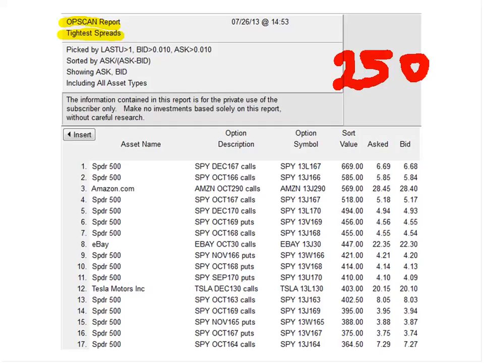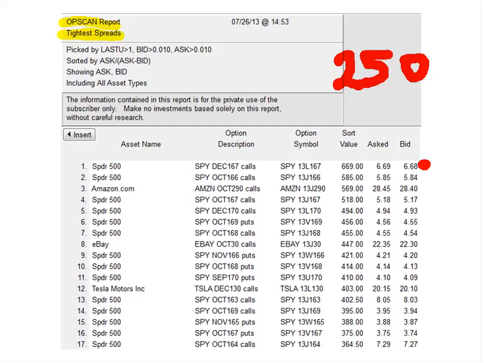I'm going to pull down the 250 option contracts that have relatively the tightest spread between the bid and ask price. And so, a perfect example is number 1 right here at the beginning. Ask price is $6.69. The bid is $6.68. That's a penny-wide spread on a $6.68 option. I hope you'd agree, if you've been trading options very long, that that's pretty darn good.